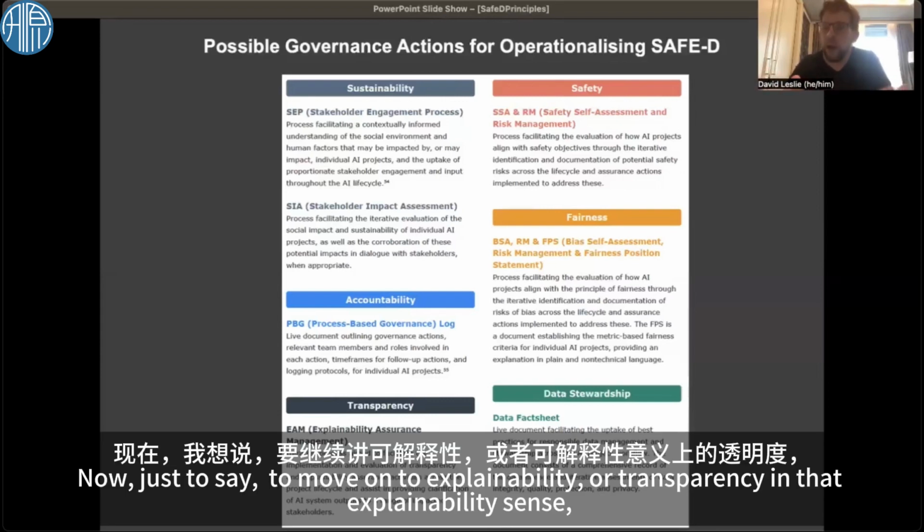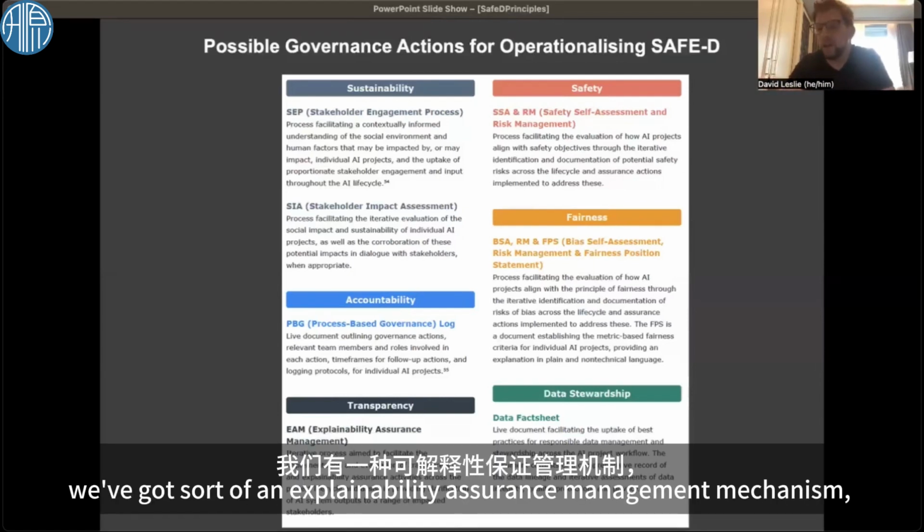Now, to move on to explainability, or transparency in that explainability sense, we have an explainability assurance management mechanism.